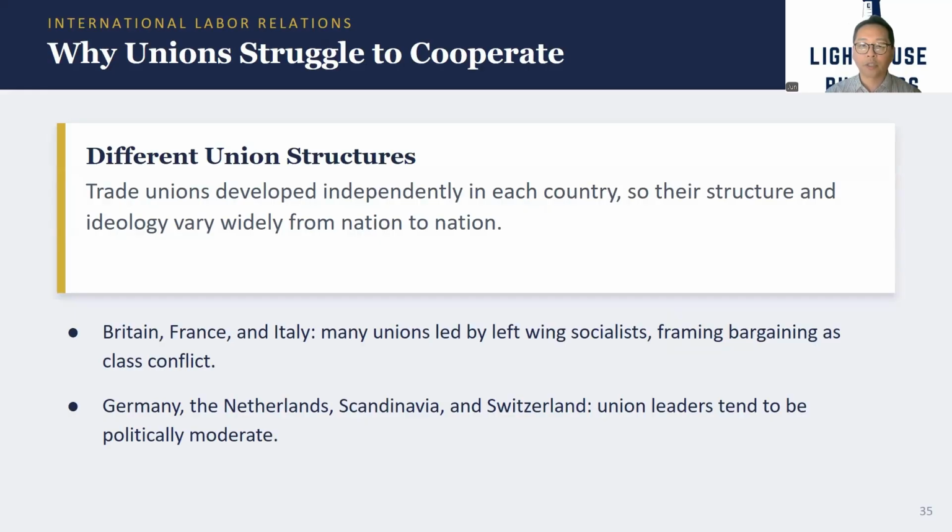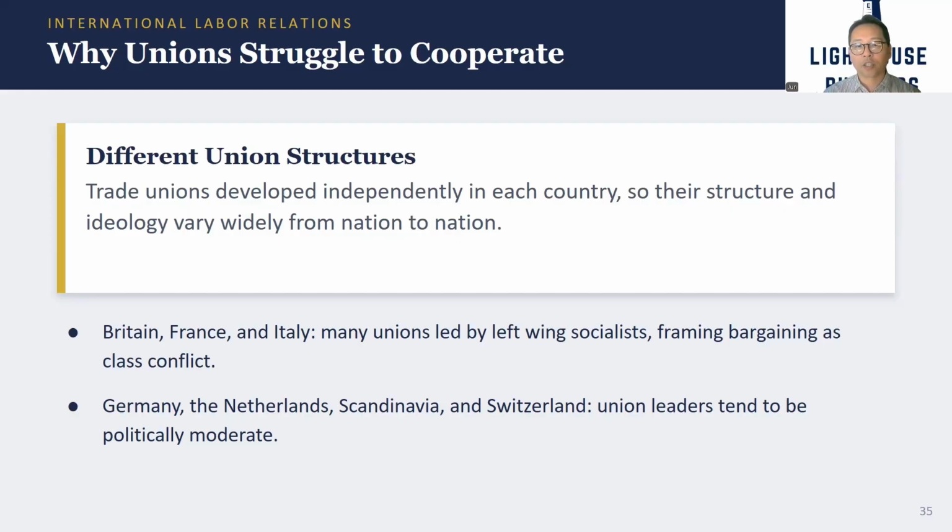In Great Britain, France, and Italy, many unions have historically been controlled by left-wing socialists who see collective bargaining through the lens of class conflict between workers and owners. In contrast, most union leaders in Germany, the Netherlands, Scandinavia, and Switzerland tend to be far more politically moderate.